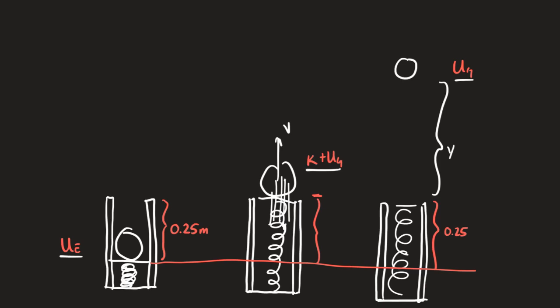So here, when the ball's at the max height, the energy is all in the form of gravitational potential. Any question about why I wrote it that way?